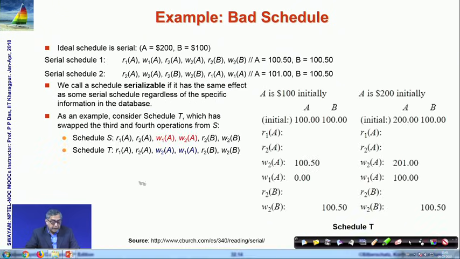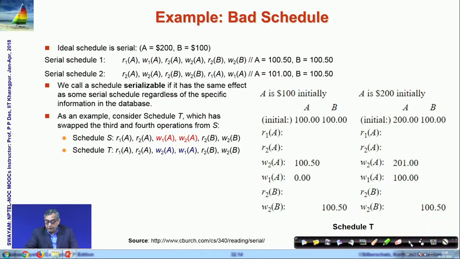Again, we create another example schedule T here. We take the schedule S which we saw was bad and interchange these two. We do W2 for A first and W1A next. Now, very interesting things will happen.